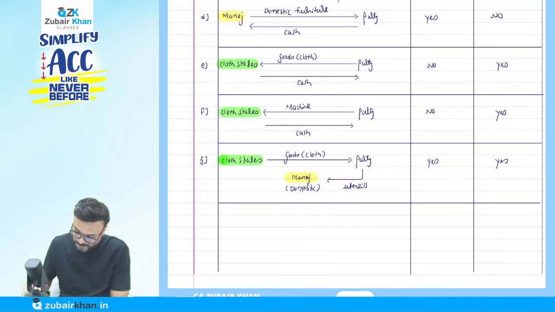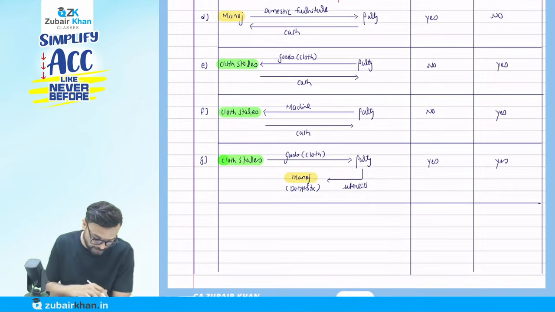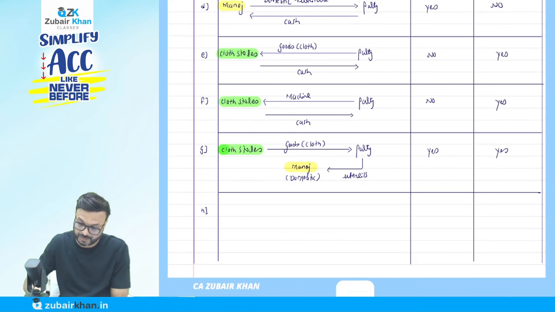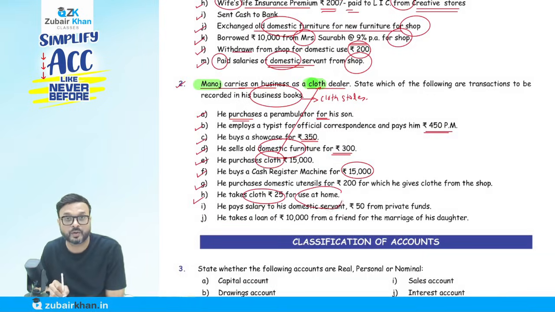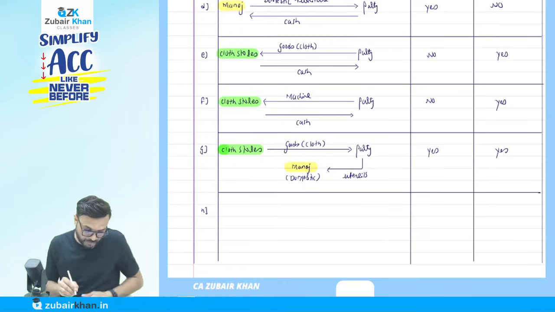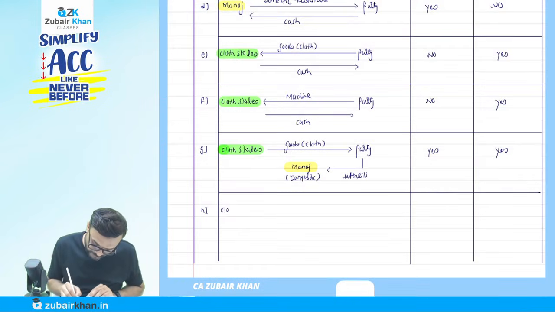Simple. Now next point, H. What it says here, now come to the next point. They say he takes cloth of rupees 25 for use at home. So he is doing the business of cloth. He takes the cloth of rupees 25 for use at what? Home. So cloth store, this is business.